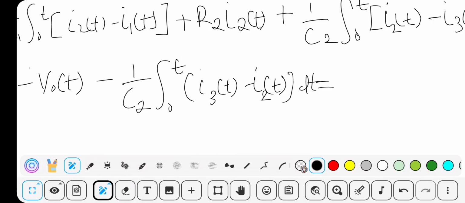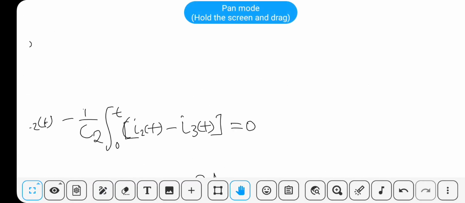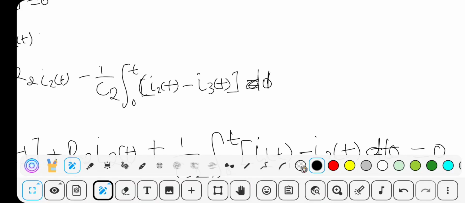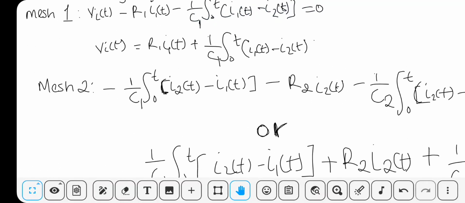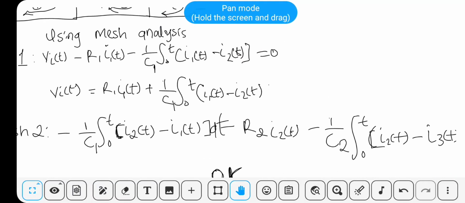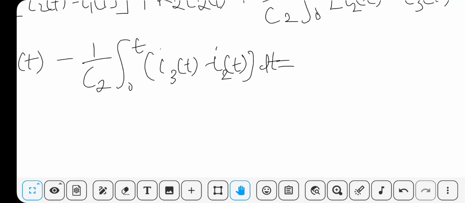Sorry, it's supposed to be dt itself. This is dt, equal to 0. This is also dt, equal to 0. This is also dt, and this also. So let's continue.